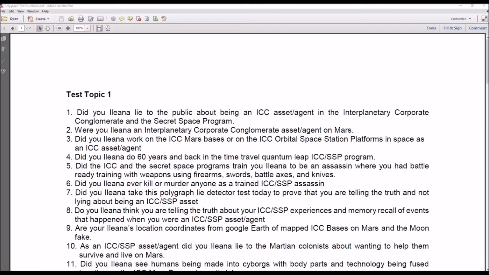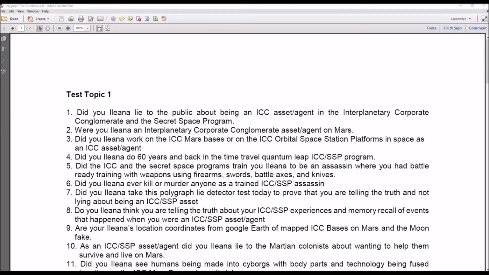And it's also important to formulate the questions correctly. Be very specific in what questions you put in. Take only the most important stuff that you remember from your memory recall pertaining to what happened in the SSP, ICC.